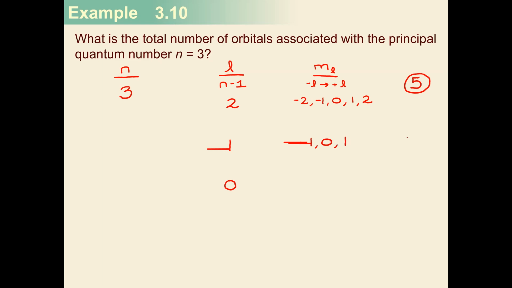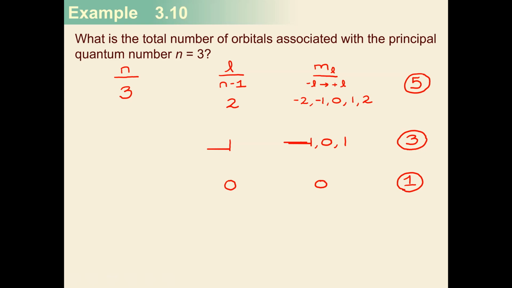This gives me 3 more possibilities for my orbitals. And finally, if I go to my 3, 0, because I'm allowed to only go from minus L to positive L, I can either have plus or minus 0, which means I'm only allowed to have 0. So now I will get the 3, 0, 0 orbital, and that is going to be 1 more possibility.